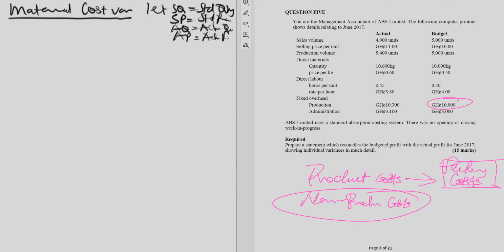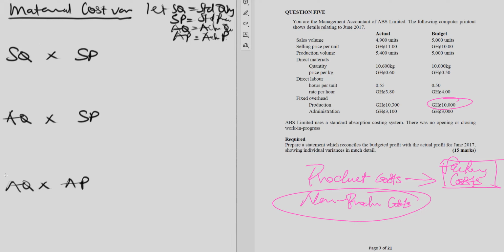So always make sure you do this so that the examiner knows what variables you are using. I'll first start with my standard quantity times my standard price, and then my actual quantity times my standard price. Then finally, I do actual quantity times actual price.